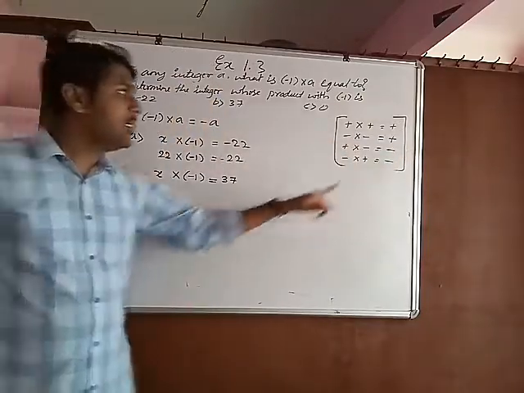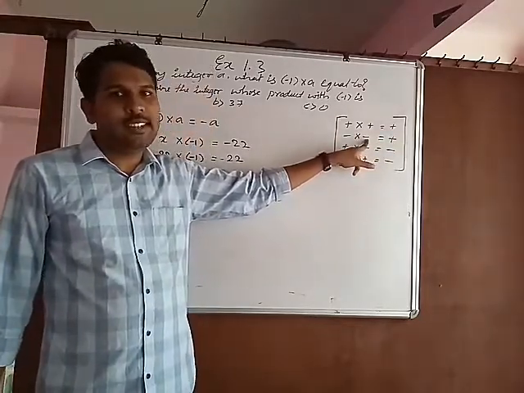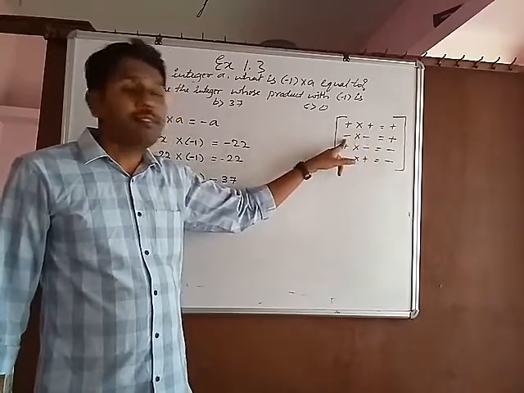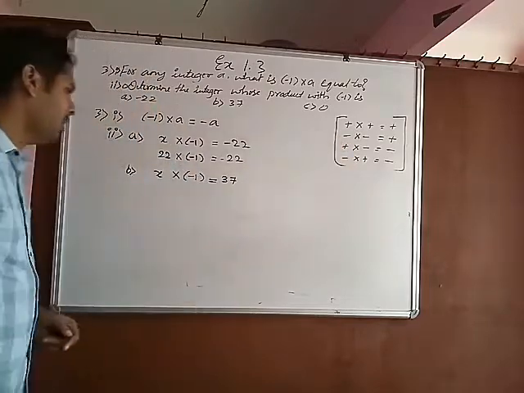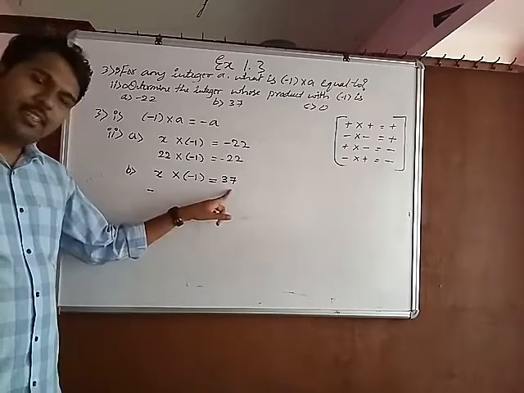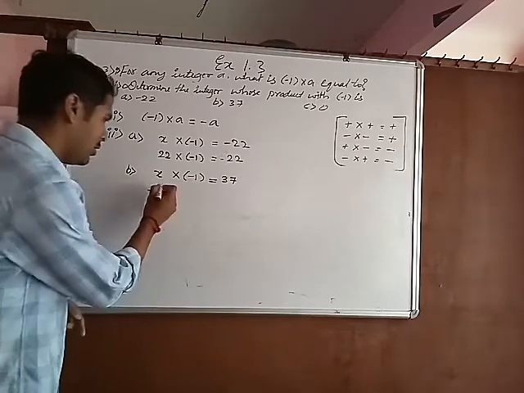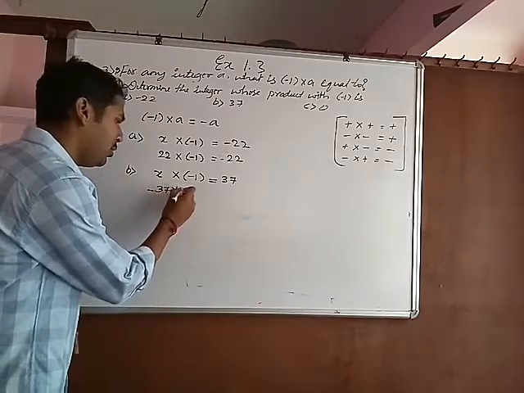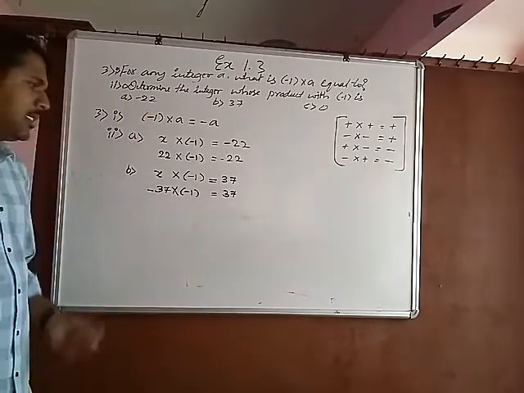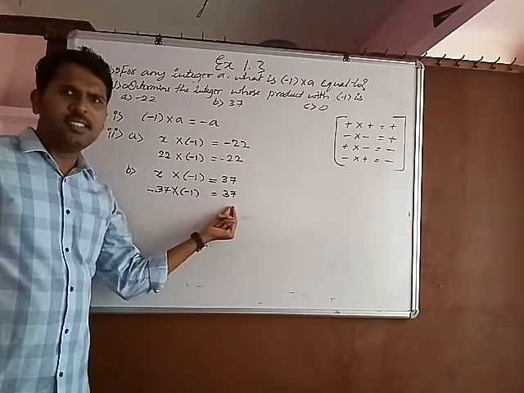So minus is there, so the first integer must be minus. And what is that integer? Here 37 is there, so here also 37, because 1 is there. So minus 37 into minus 1 equals 37. Why? 37 ones are 37. Minus into minus is plus. Simple.